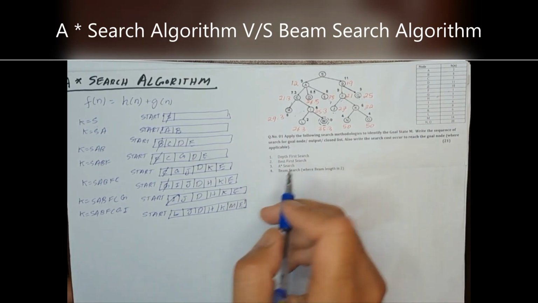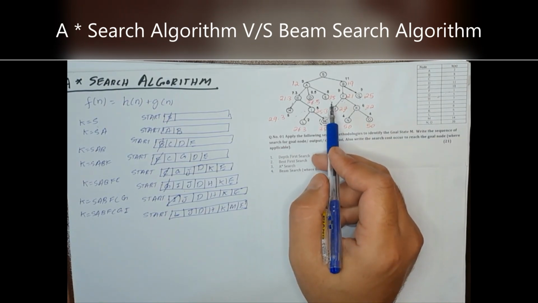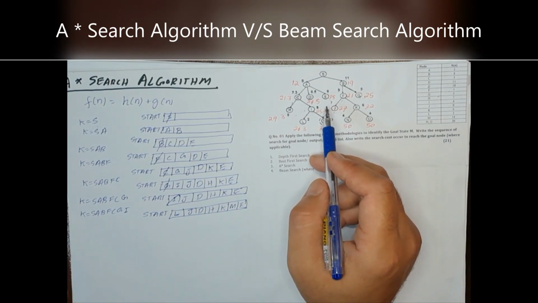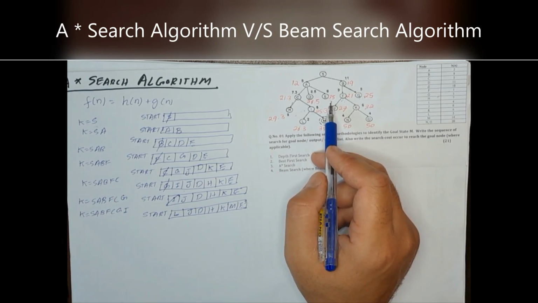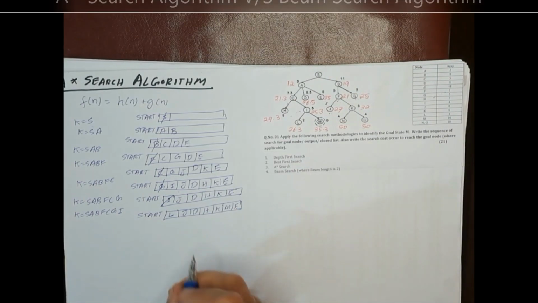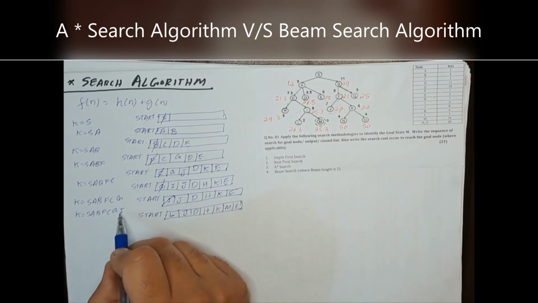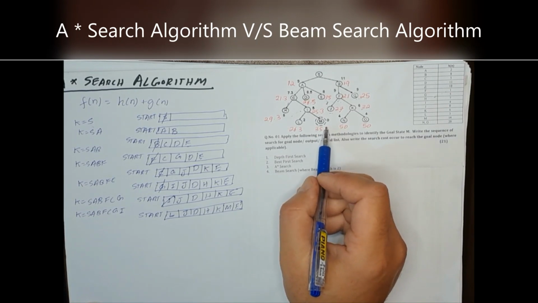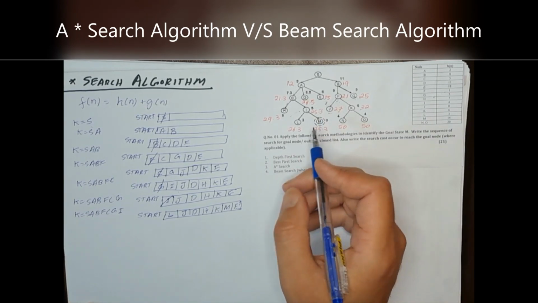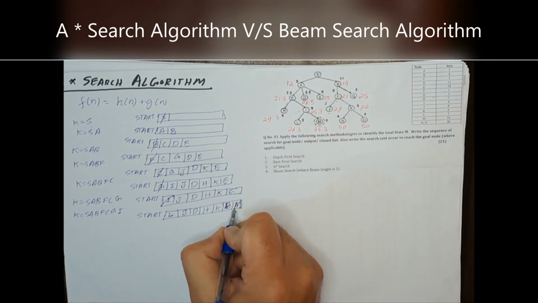M is 35.3, whereas E is 35, so E is actually less than it. So after removing I, we have two child nodes, L and M, but M is 35.3, which is more than the value of E. E is 35, so E should be here and M should move to the end.